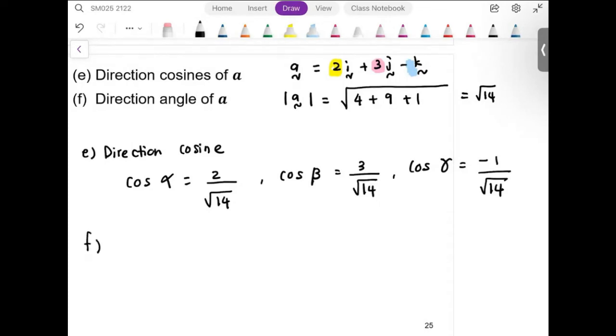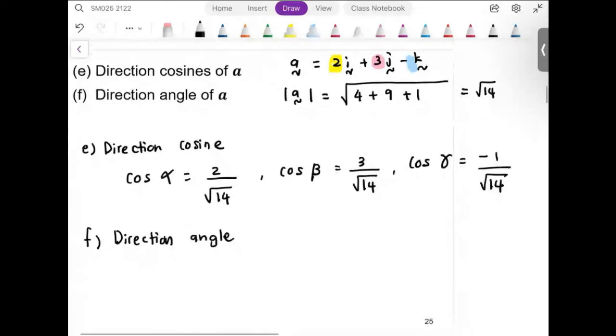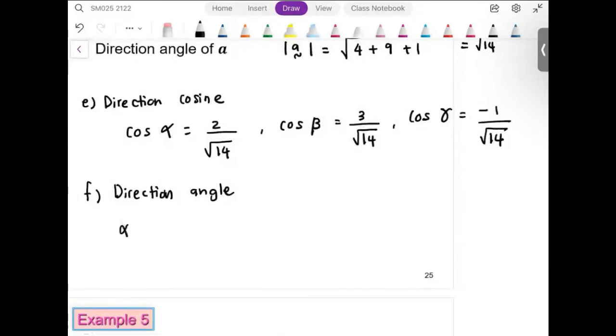Next one, direction angle. So for direction angle, ikut logik juga, our answer must be in the form of angle, sudut. So just arc cos every element untuk kita dapatkan sudut tu. So for alpha, arc cos of 2 over root 14. For beta, arc cos 3 over root 14.